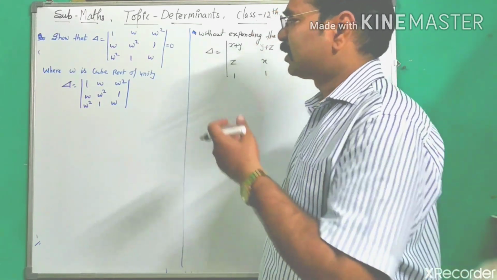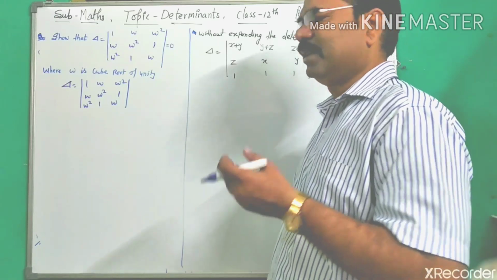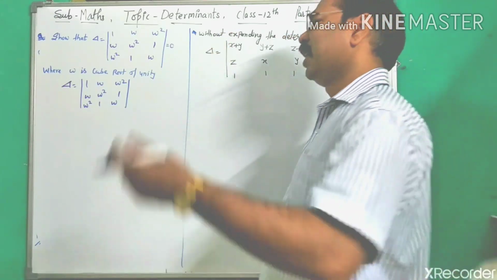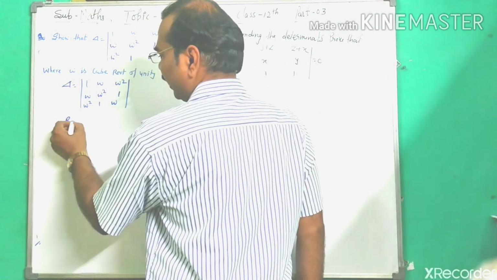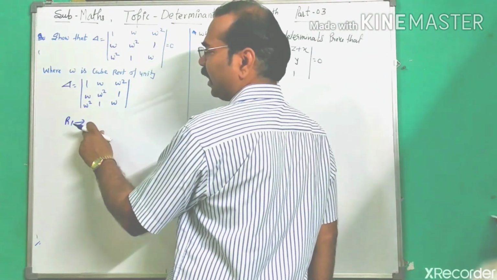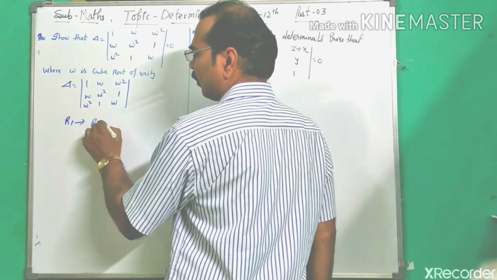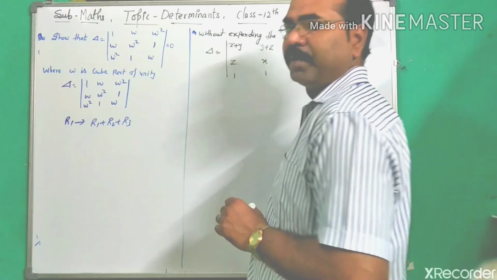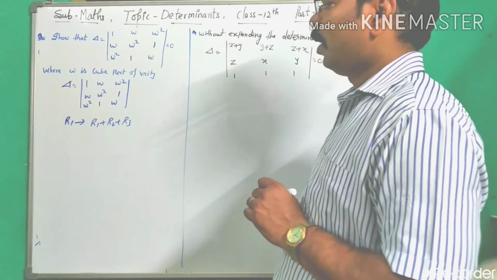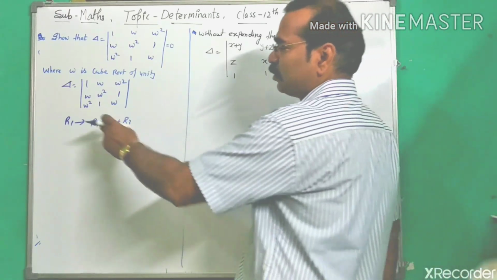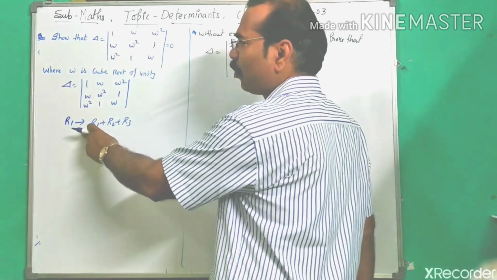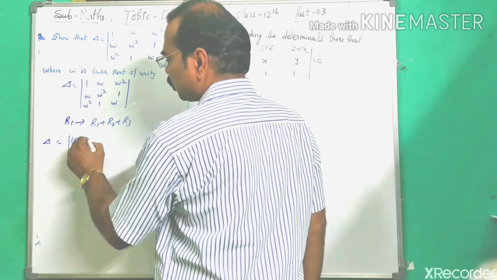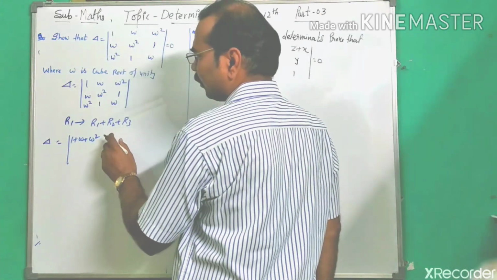So okay students, now what can we do? Just think for a second, what can we do with it? We apply R1 is equal to R1 plus R2 plus R3, meaning whatever operation happens is done in row first.